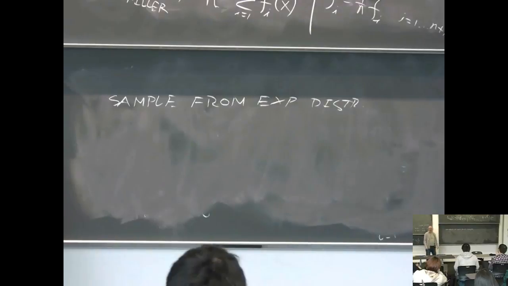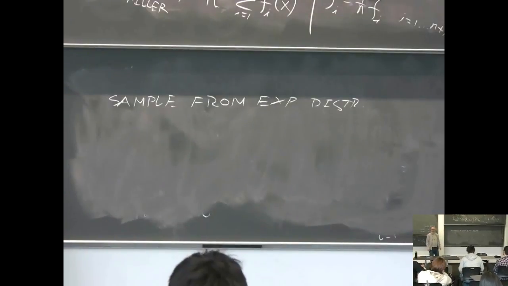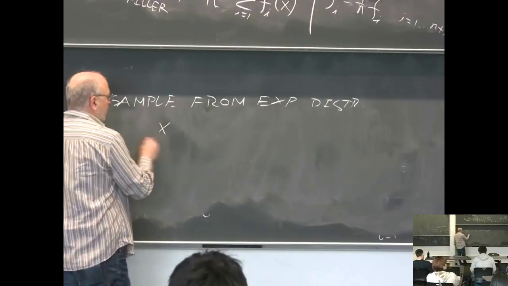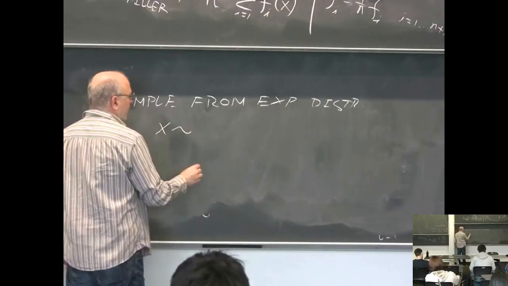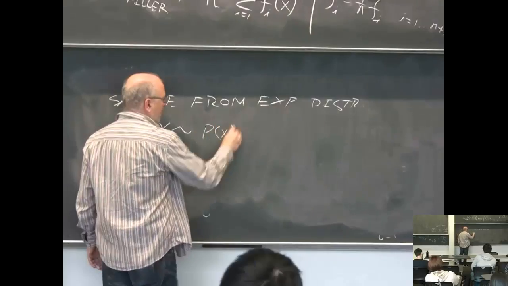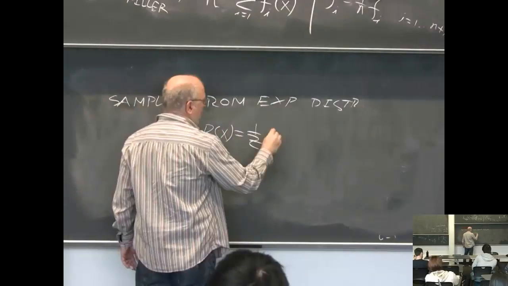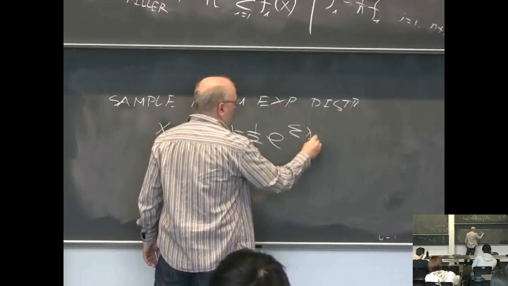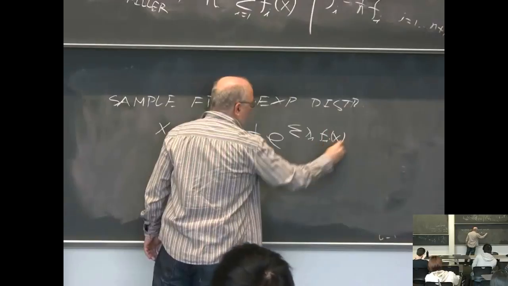It was a way of approximating the normalizing constant. That means we need to come up with some way of sampling from P of x equals 1 over Z e to the sigma lambda_i f_i(x).